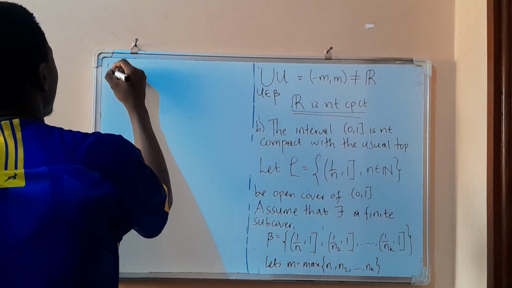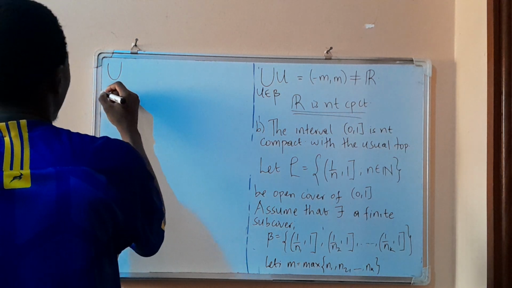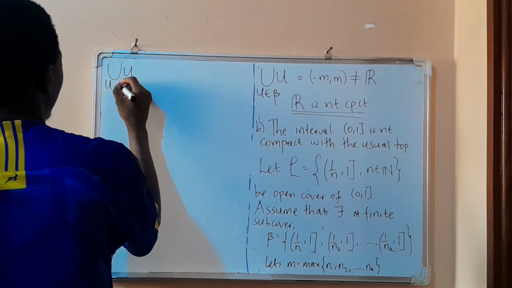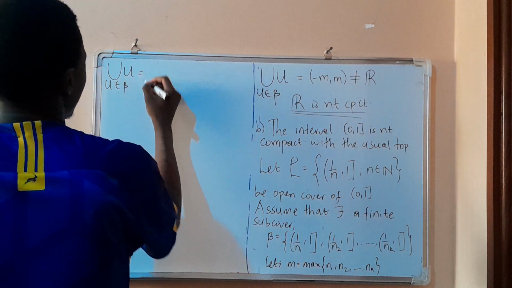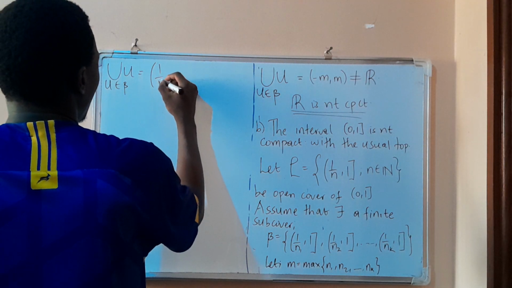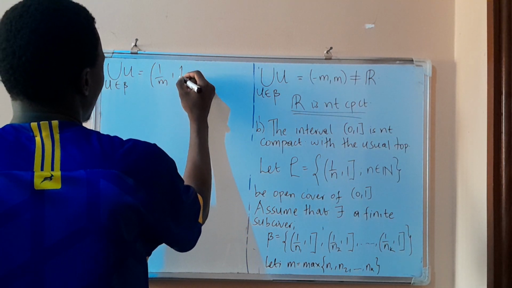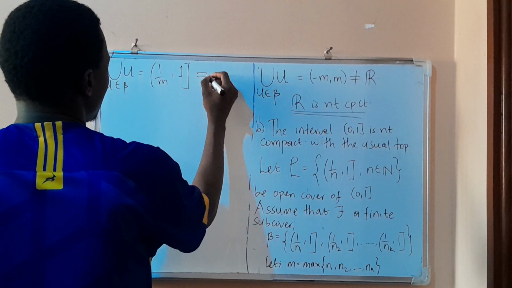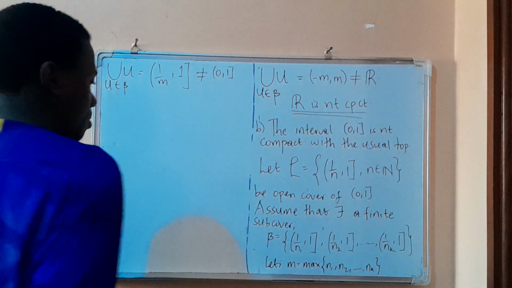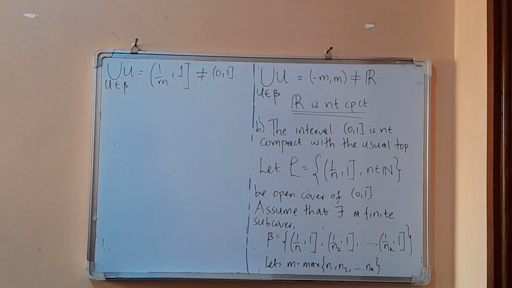The union of sets U coming from beta is actually equal to 1 over m, 1, and this is not equal to 0, 1.